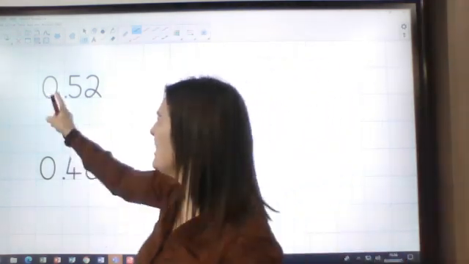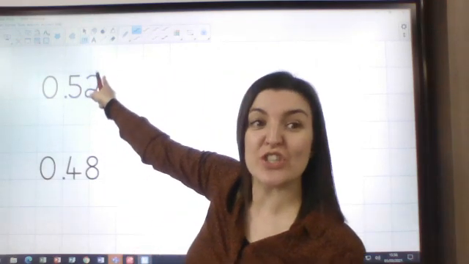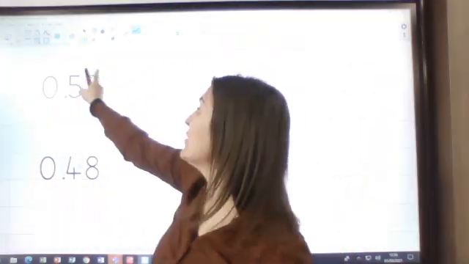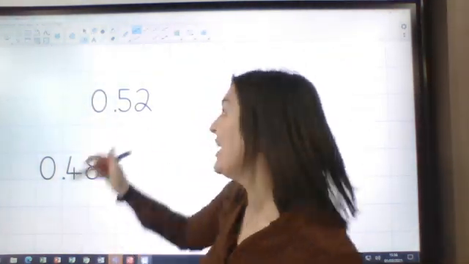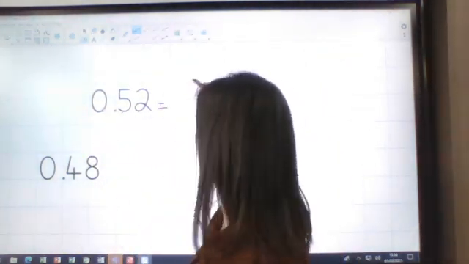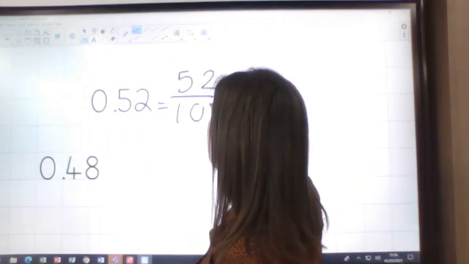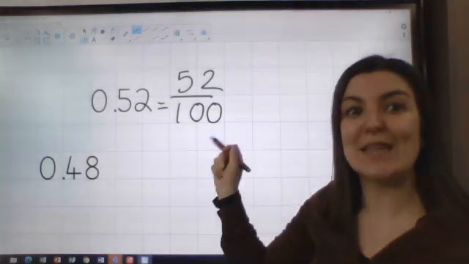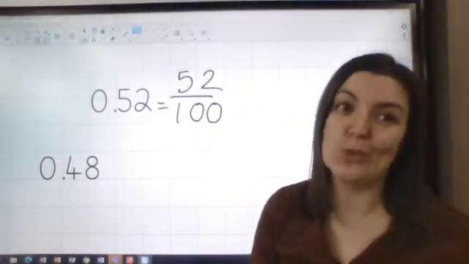So if you remember from our place value, you've got ones, tenths, hundredths. Okay, so we already know because this has got 2 decimal places that it's hundredths. So this would be 52 hundredths.